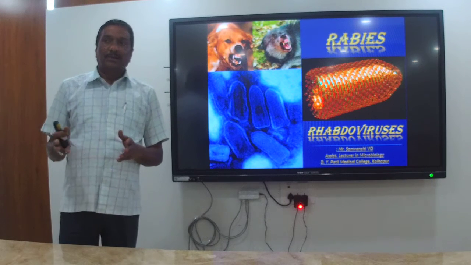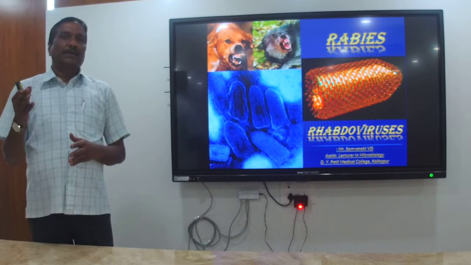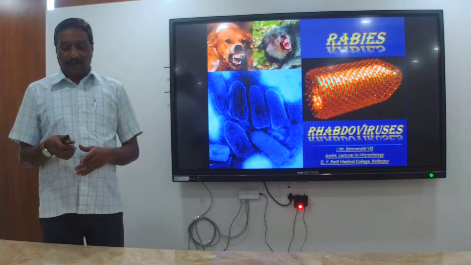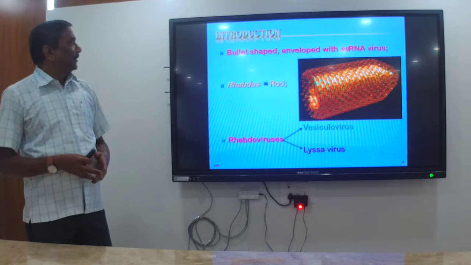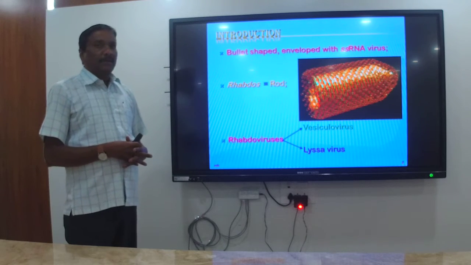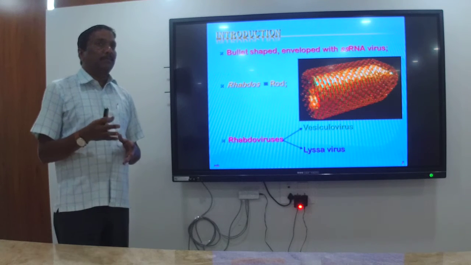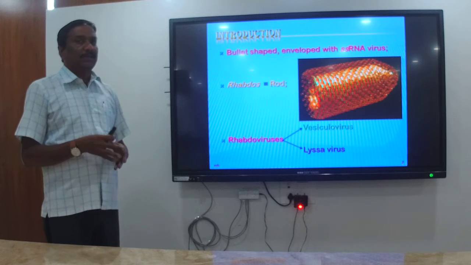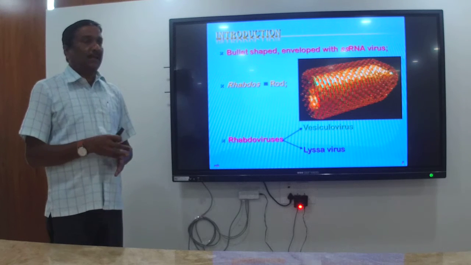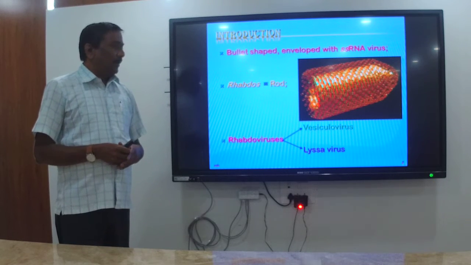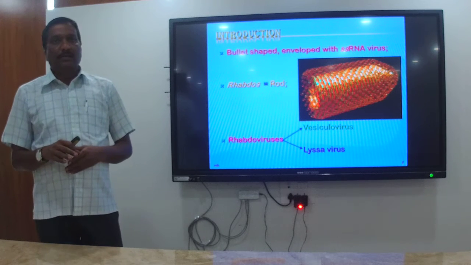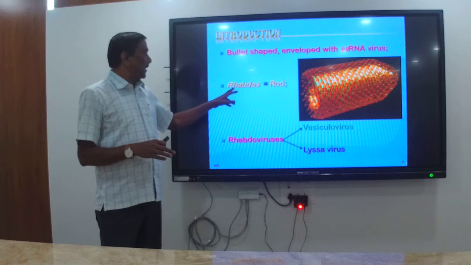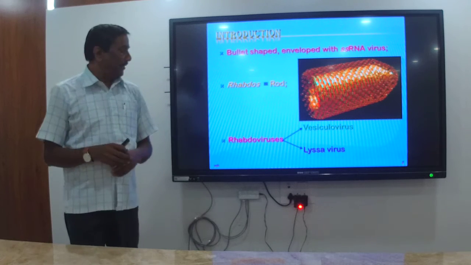So, starting with the topic, first the classification and history of rabies virus. We will be studying the introduction. This virus actually is a bullet-shaped virus, which is an enveloped single-stranded RNA virus. According to the morphology, it is a rod-shaped virus, where rhabdos means rod.